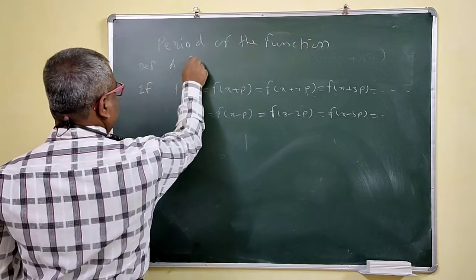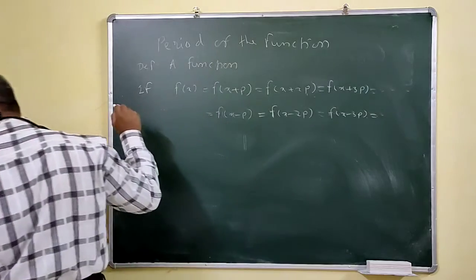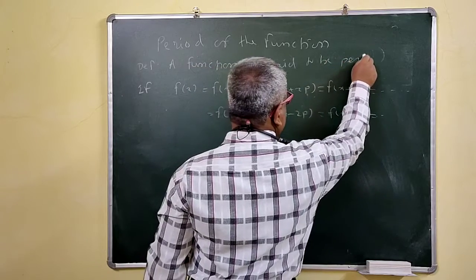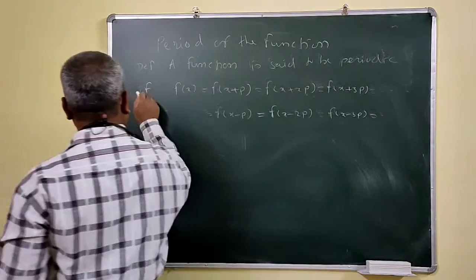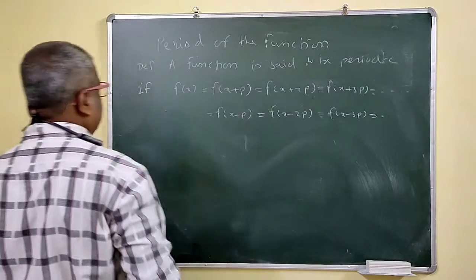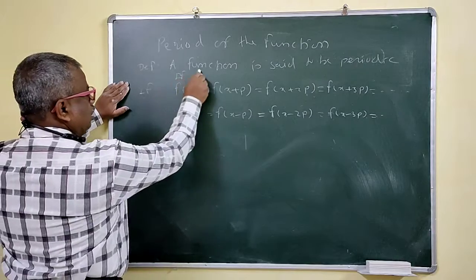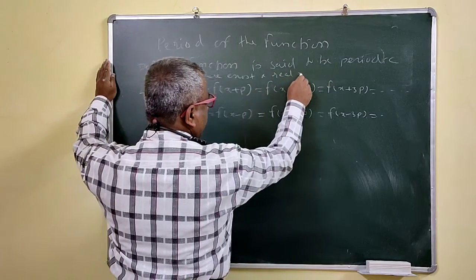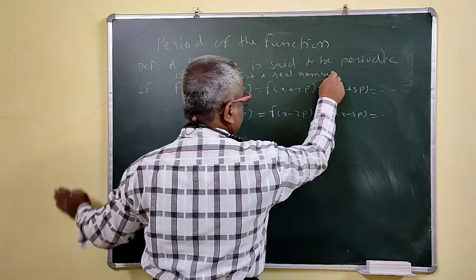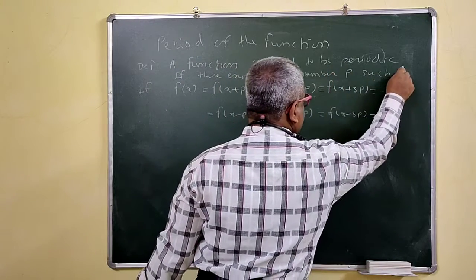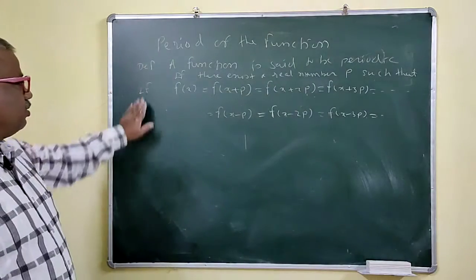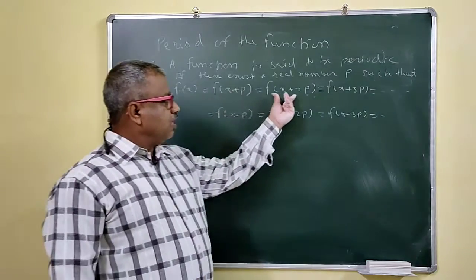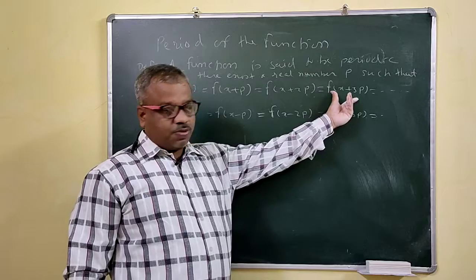A function is said to be periodic if there exists a real number p such that f of x is equal to f of x plus p is equal to f of x plus 2p is equal to f of x plus 3p, and so on.